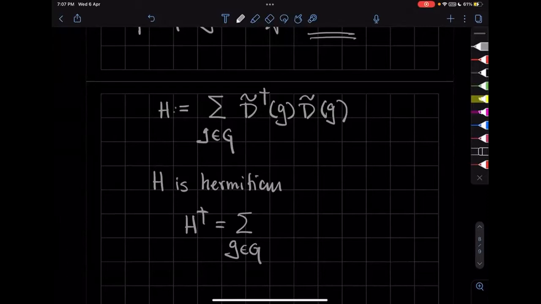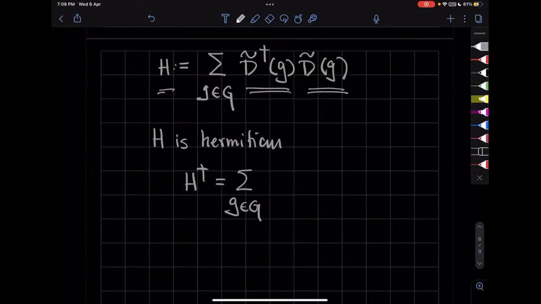I mean, is it a group element? It's a matrix. Oh, okay. I mean, these are matrices, right? These are square matrices because they are linear operators, right? Yes. So its dagger is also a square matrix. So this is also a square matrix, right? Okay. So H dagger is taking the dagger means that we have D dagger, D tilde.